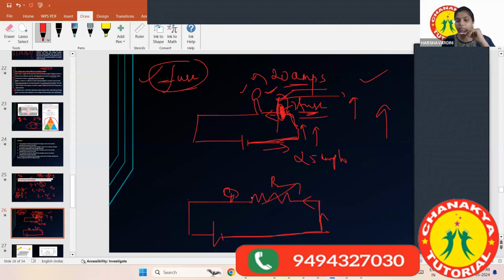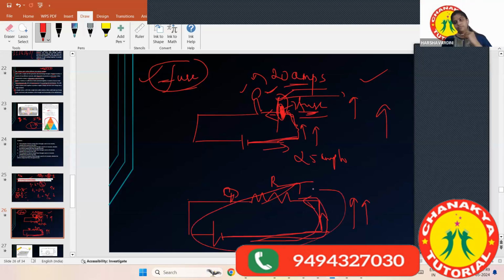But it cannot protect the circuit, because you know very well that when there is excessive current, excessive heat will be there, because the heating effect is a part of current. So when there is excessive heat, obviously the circuit will burn off. So you have to replace the entire circuit.